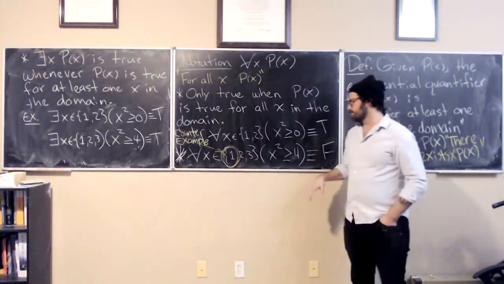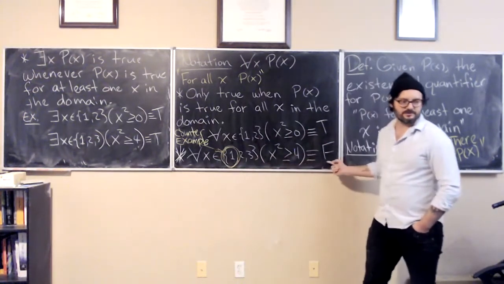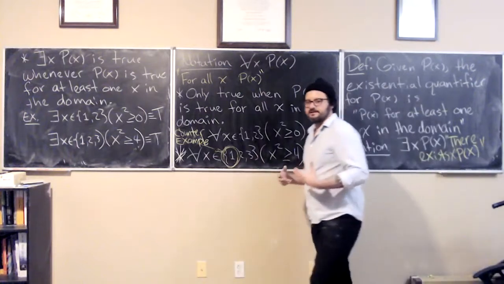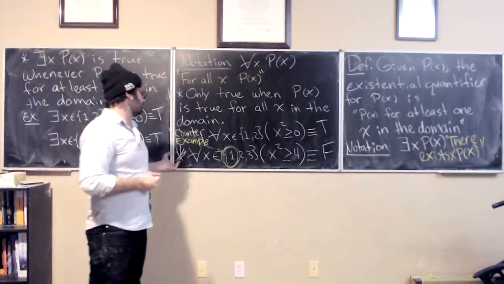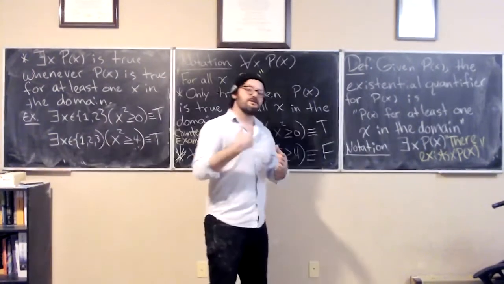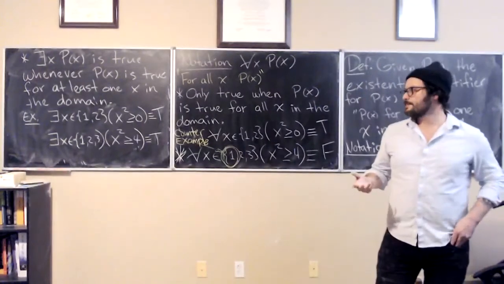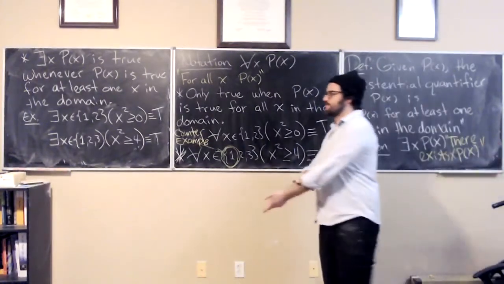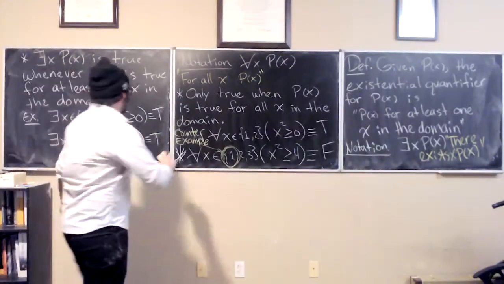Didn't I say earlier, knowing if this universal quantifier was false is essentially asking, does there exist an element in the domain that happens to make it false? If that happens, then the universal must be false.